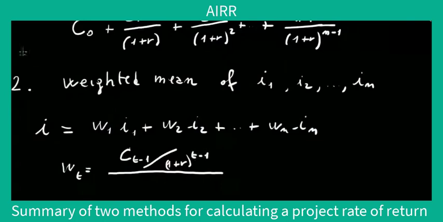So this is the present value, PV, of the capital invested in the t-th period. We can denote it this way.